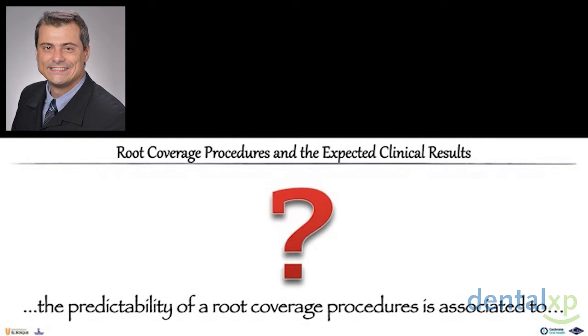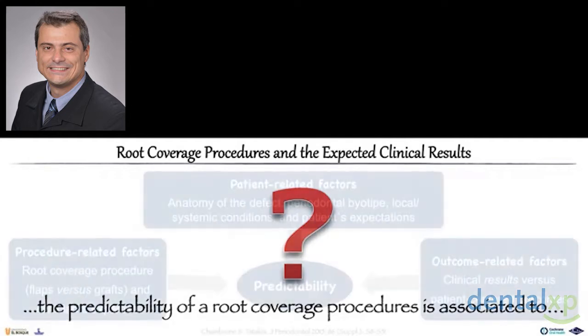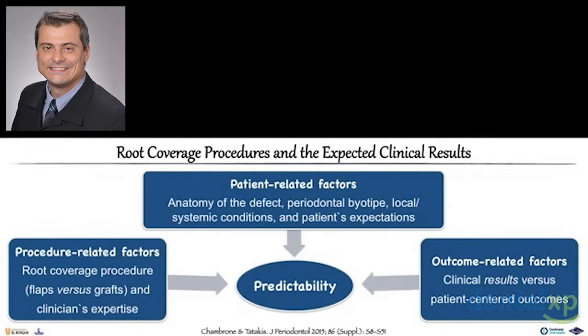However, the predictability of root coverage procedures may be associated with different patient, procedure, or outcome related factors. For example, regarding patient related factors, we may consider the anatomy of the defect, the periodontal biotype, the local and systemic conditions, and the patient's expectations.